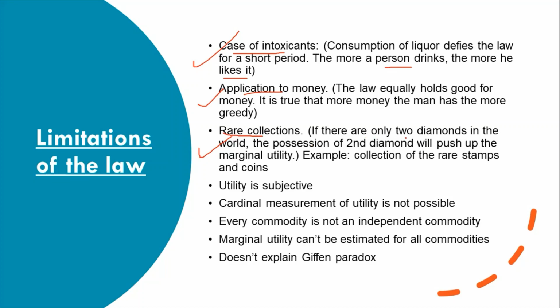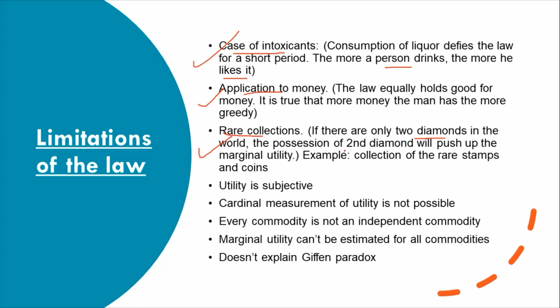Here I've taken the example of diamonds. Suppose there are only two diamonds in the entire world, and you have one of them. Even if you get that second diamond, your marginal utility will actually increase.